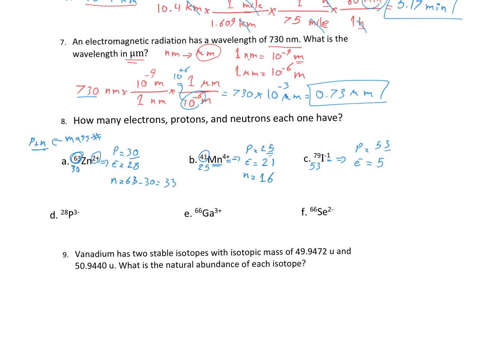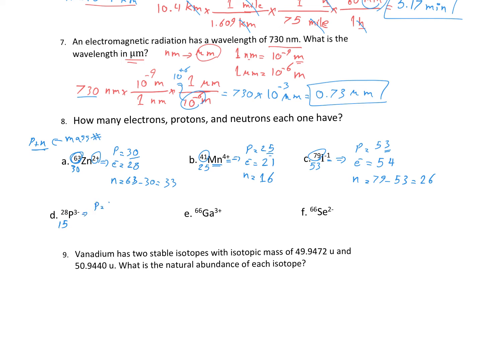So it's 53 here, so it should have 54 electrons. And neutron, we have 79, so 79 minus 53, which is the number of protons, gives you the number of neutrons, which is 26.